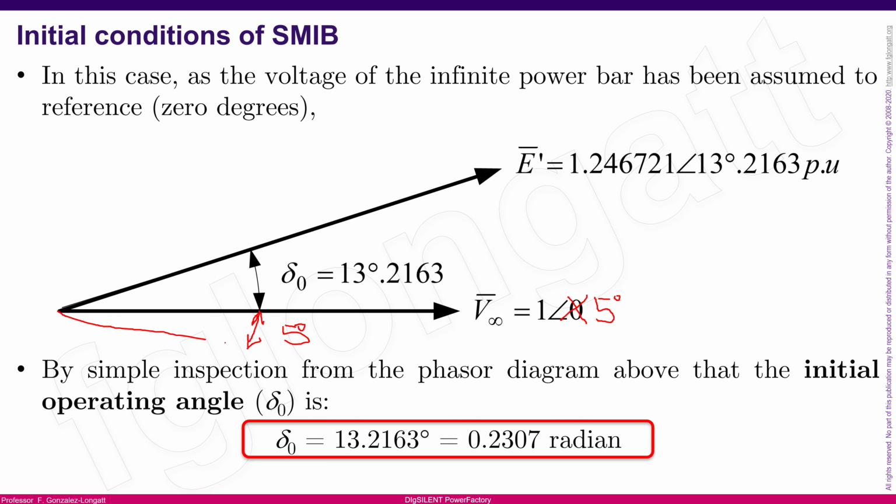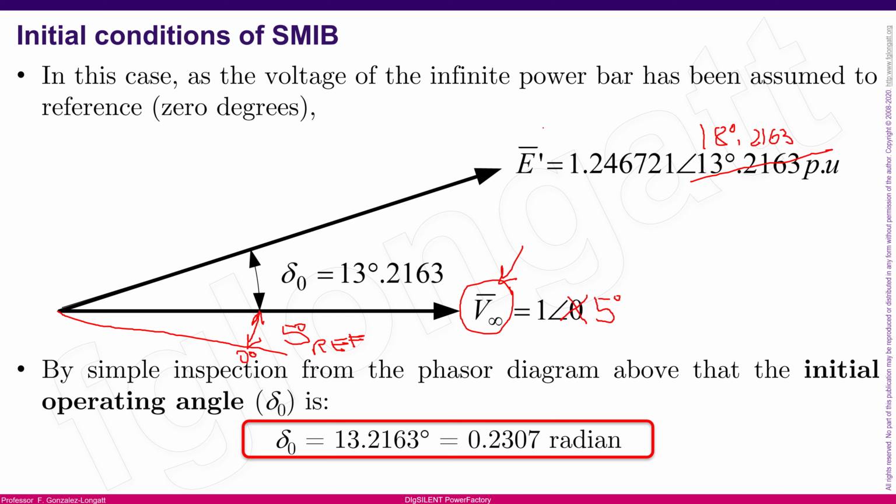And now this angle is impossible. This angle will be 18.2163, okay? Because the reference will be 0. This will be the reference. The reference will be 0 degree here. And then we have this voltage that is the infinity bus bar, and that is 1 at 5 degree.